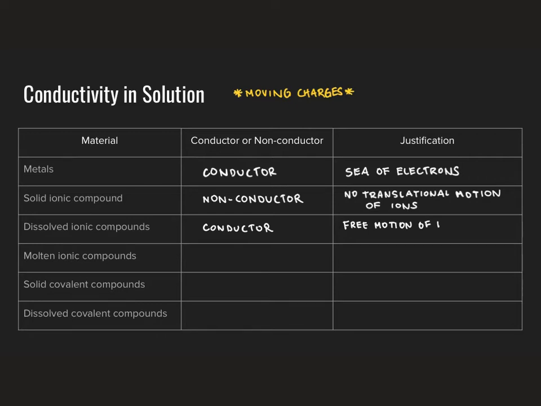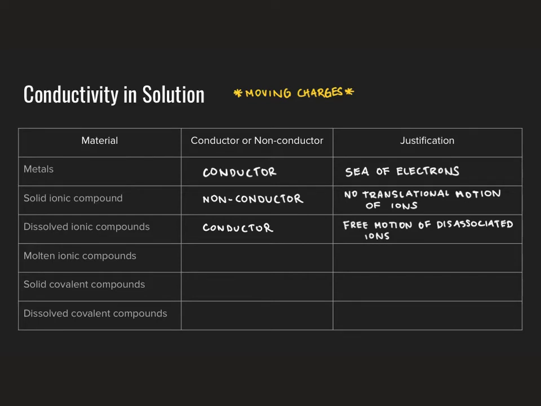They pull those ions apart from each other. And then once they're in that aqueous solution, there is mobility within the liquid phase. So we see moving charges, and that means, again, dissolved ionic compounds are generally fantastic conductors of electrical current.